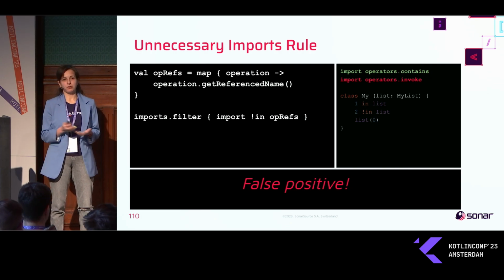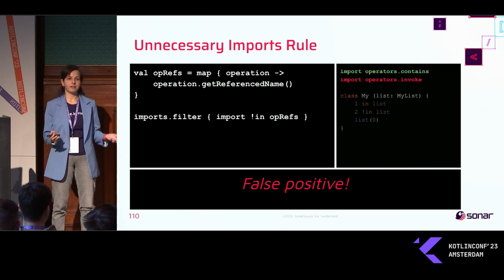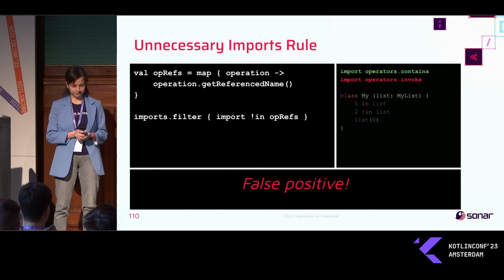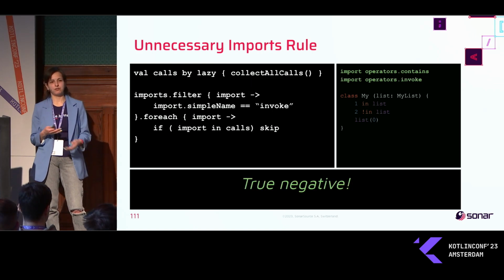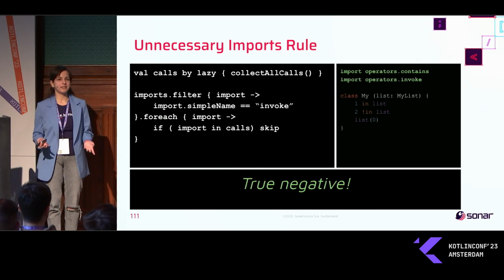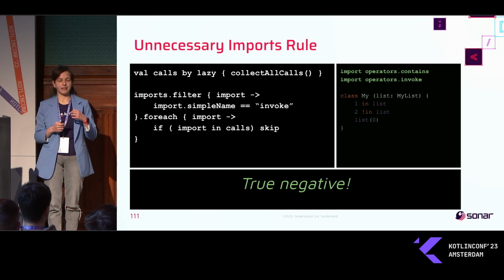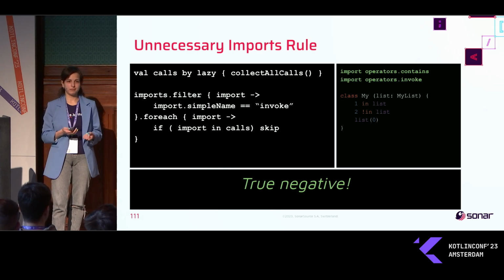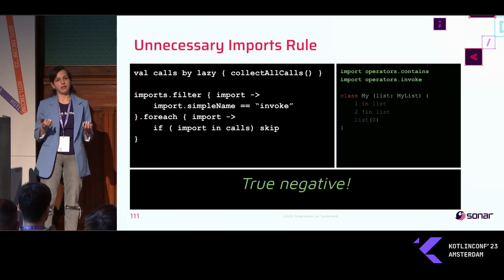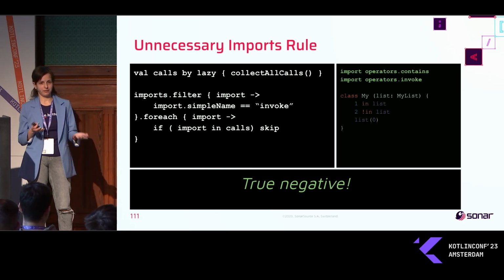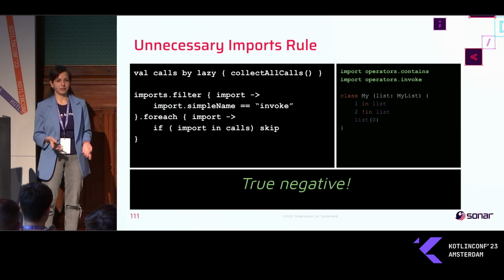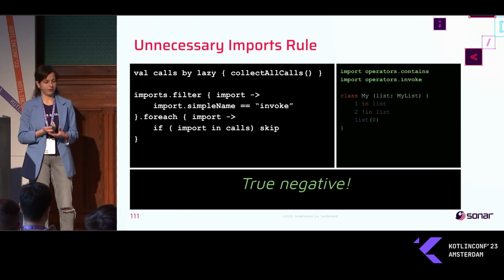And that could be costly because in a single file there could be a lot of call expressions. That's why we introduced some sort of laziness here, and we only do this if there is at least one invoke import. But if there is, we have to go through all the calls and find out whether there are actually invokes or not.